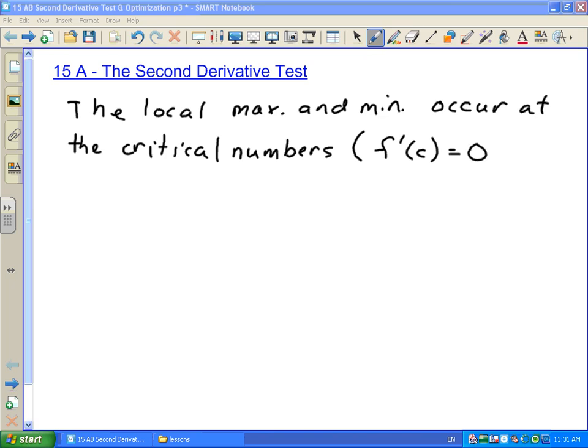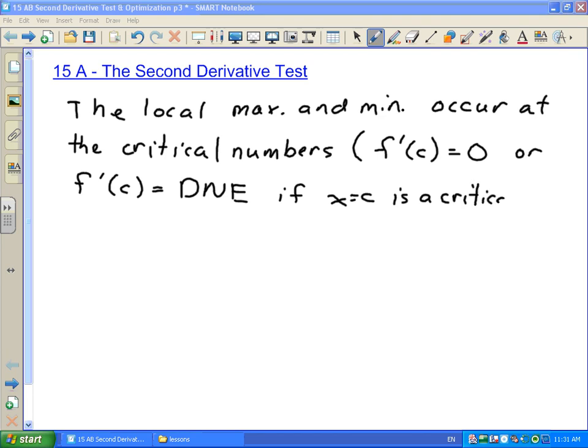So a critical number is where the derivative at that number equals 0, or the derivative does not exist at a critical number, if, let's say, x equals c is a critical number.